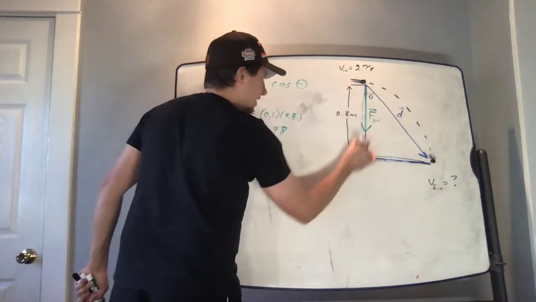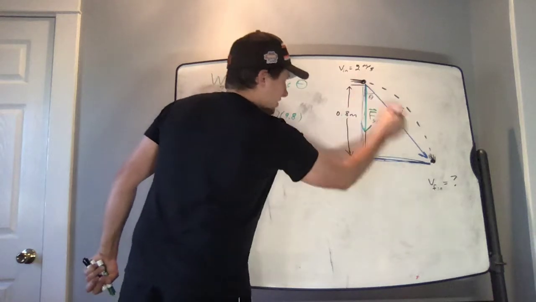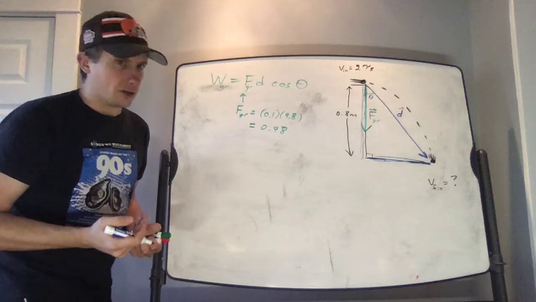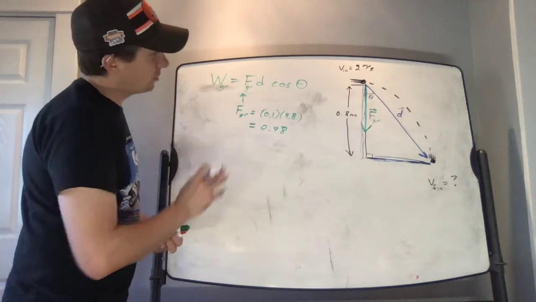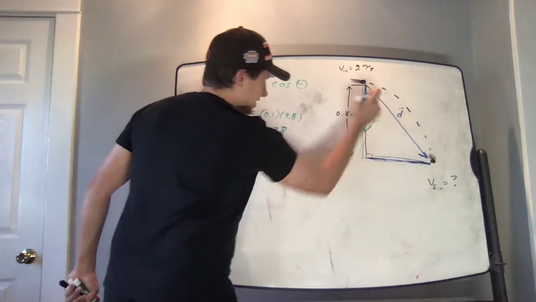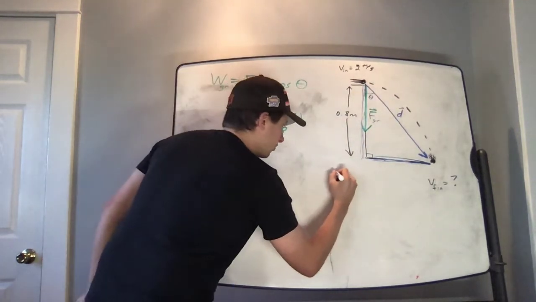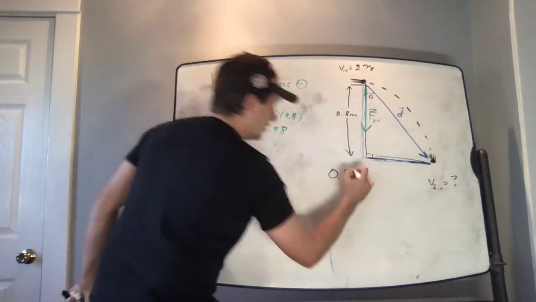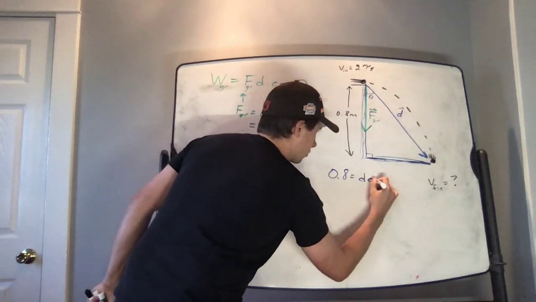Here is the height of the table. And this vector d forms the hypotenuse of that right triangle. The more closely I look at it, the height of the table is equal to d cos theta. So the height of the table, which is 0.8 meters, is equal to d cosine theta.